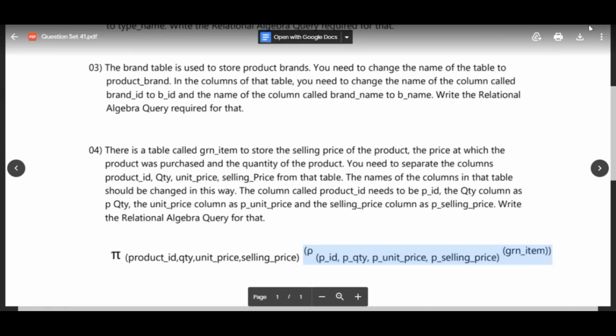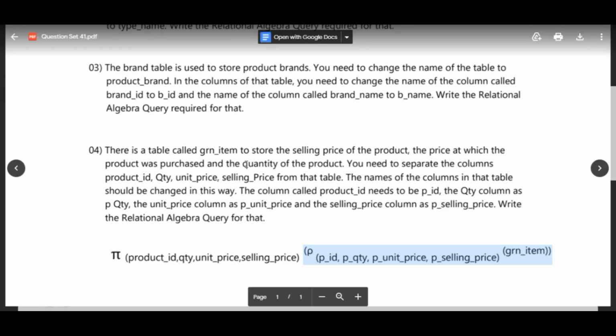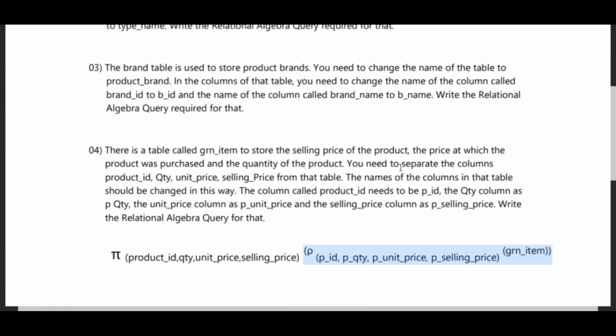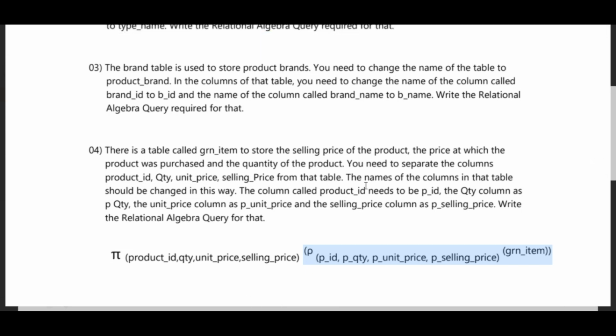So the fourth one: there is a table called GRN item to store the selling price of the product, the price at which the product was purchased, and the quantity of the product. You need to separate the columns product ID, quantity, unit price, selling price from the table. The names of the columns in that table should be changed in this way.